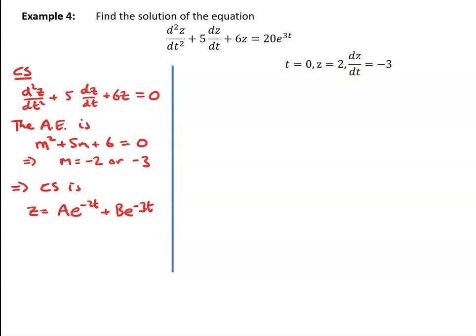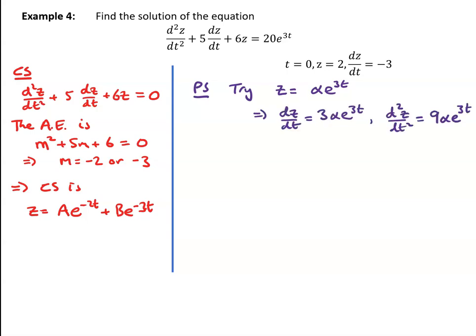In this case, the right-hand side of our original differential equation is 20e to the 3t, so it might well be sensible to start trying to find a particular solution of z equals alpha e to the 3t. If z is alpha e to the 3t, then dz by dt is going to be 3 alpha e to the 3t, and d2z dt squared is going to be 9 alpha e to the 3t.